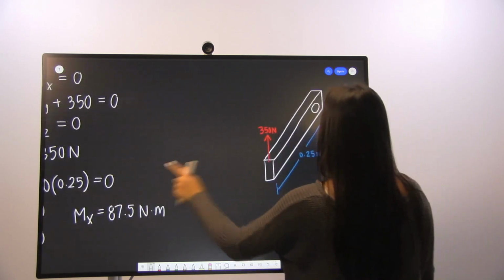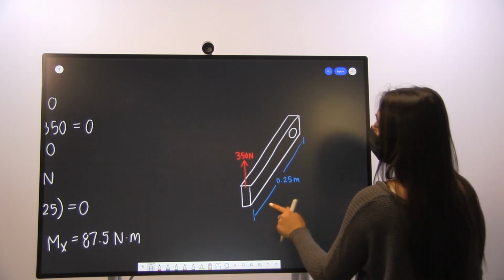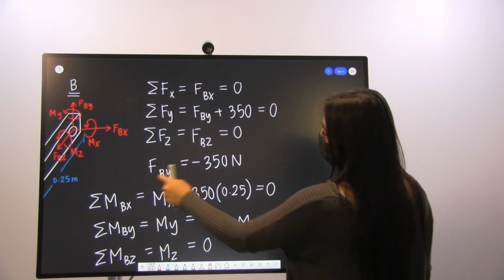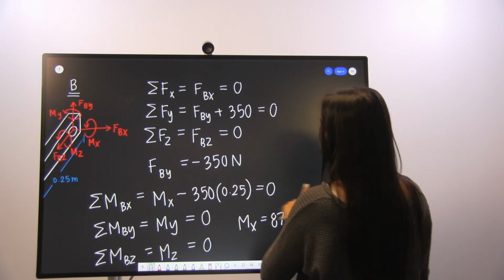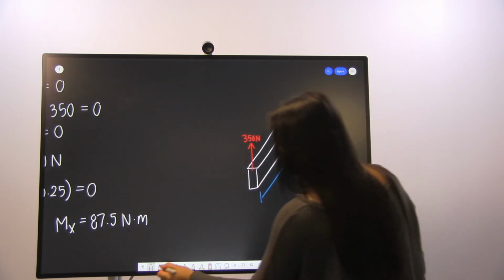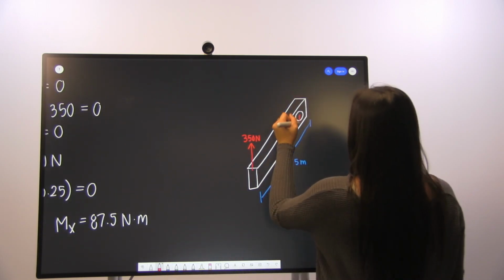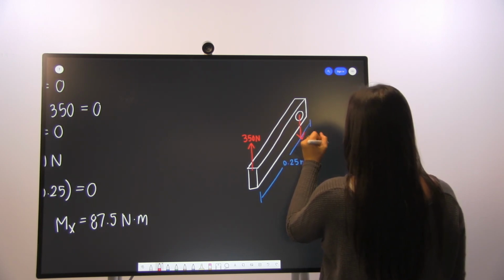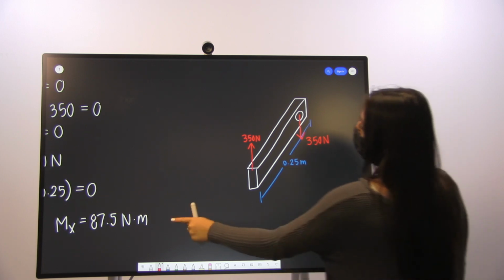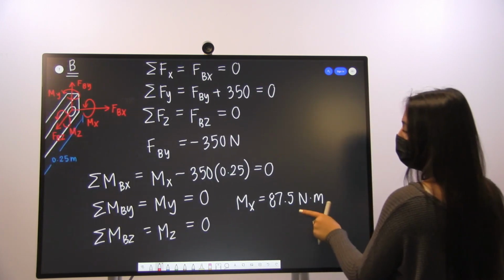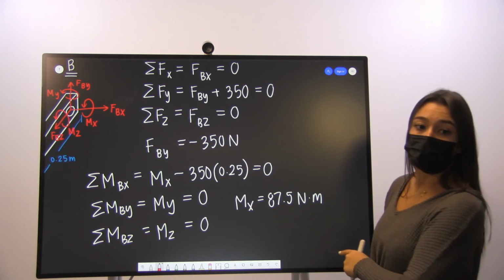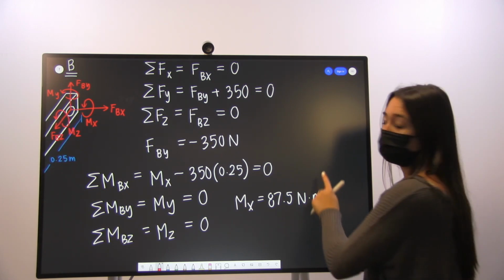Now that we have solved for all of our forces and moments, we can draw our final answers on our solution diagram. From what we solved before, all we had was a force at B in the y direction, which was negative 350 newtons. So we can draw a downward arrow that says 350 newtons. And we also found that we had a moment about the x-axis, which was 87.5 Newton meters.